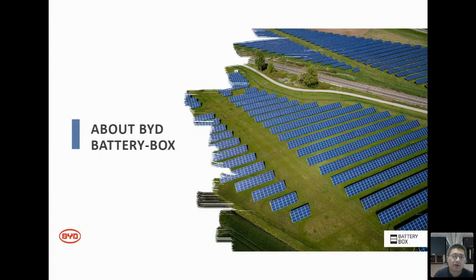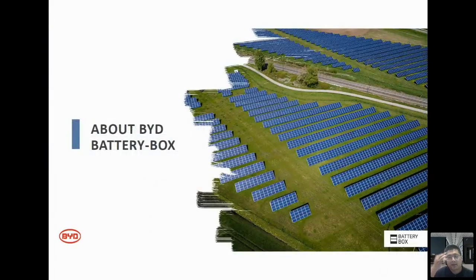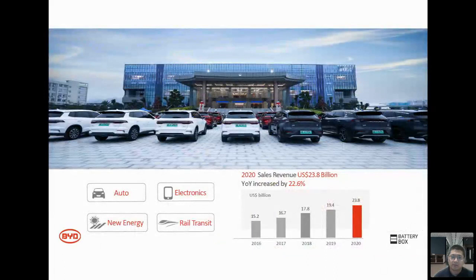So first, a little bit about BYD itself. BYD actually has four major businesses in the world: auto, electronics, new energy, and rail transit. I think the famous one is the auto, and I do believe some people have already noticed that BYD has the famous EV car.